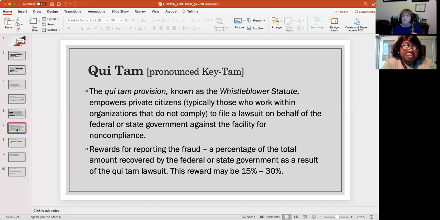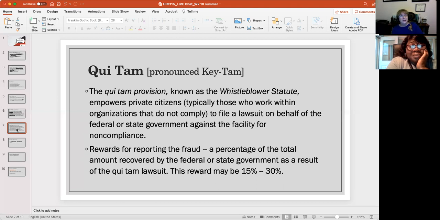you can earn between 15 and 30% of everything that the government collects after they go in and they audit and they say, thank you, ladies and gentlemen, you owe us $17 million. You could have 15 to 30% of $17 million. And I shouldn't have picked 17 because I can't do the math in my head.